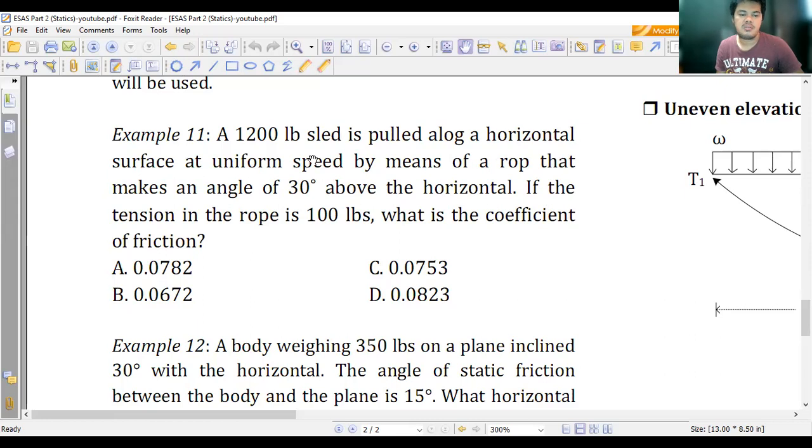So we are being asked to calculate the coefficient of friction. In example number 11, try to draw the free body diagram of the setup.